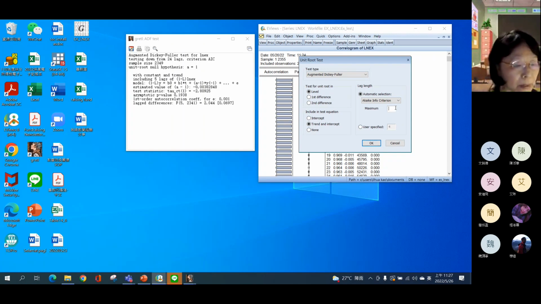Sometimes this is trial and error. I tried 12 first, and the probability in the Dickey-Fuller test does not reject the null hypothesis. Now I tried 24, it's still not rejecting the null hypothesis. So why don't I try 36?